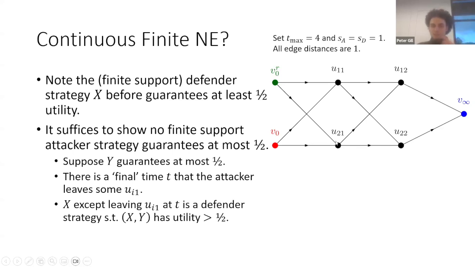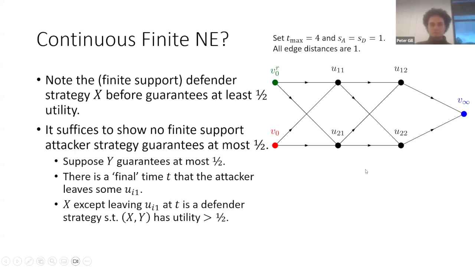Assuming that the attacker does play that strategy, I know it's beneficial to move off my U21 and try and move to interdict the attacker there. I'm safe to move off because I know it's the final time. There's nothing else that's coming my way here.